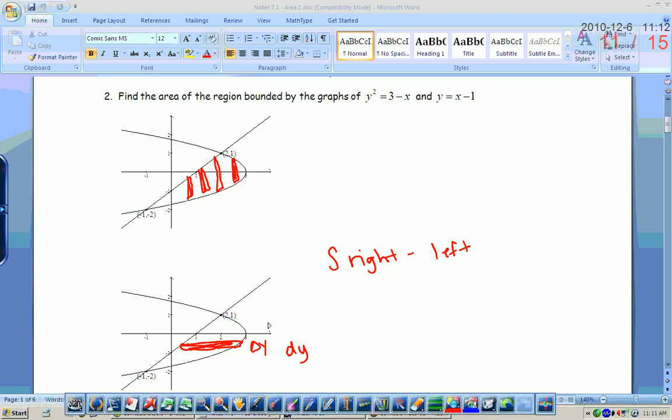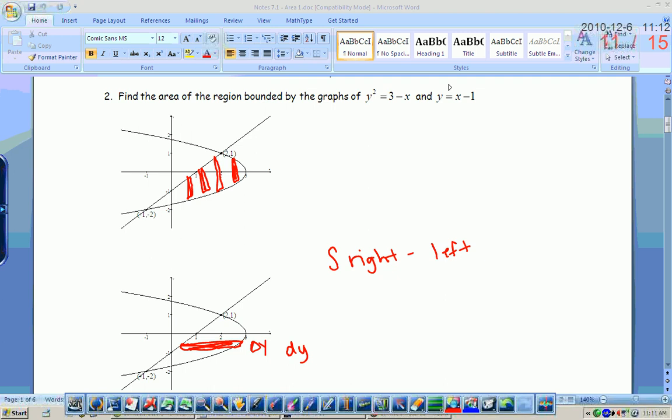The length of that rectangle would be the right side minus the left side. But if I'm integrating with respect to y, then my equations have to be in terms of y. So I need to solve both of my equations for x. It will be easy, I promise.